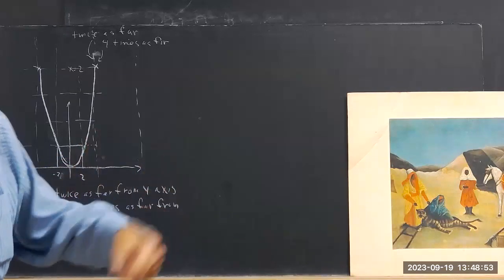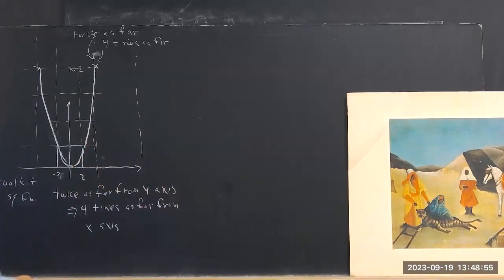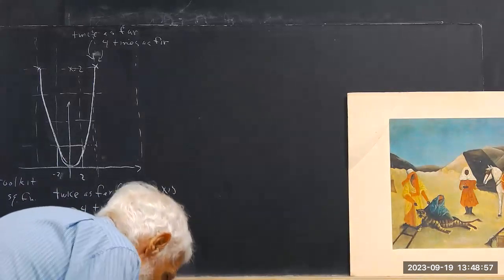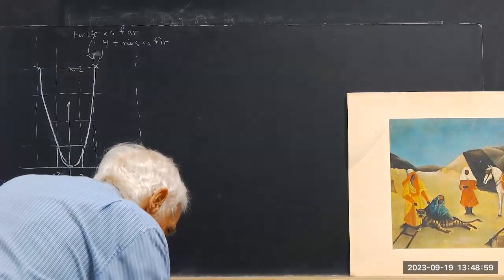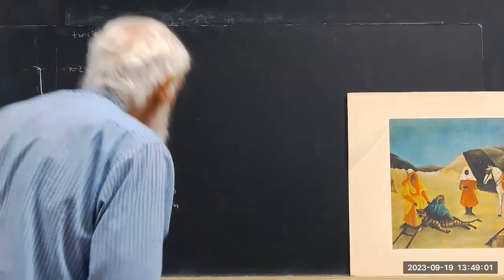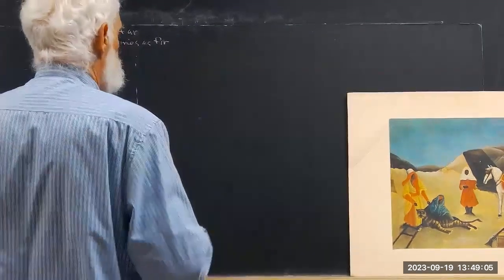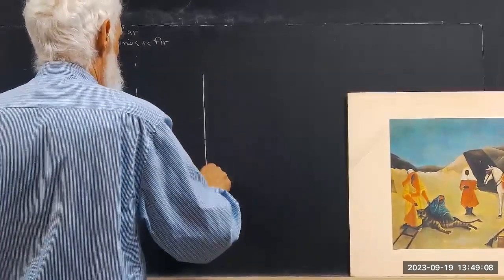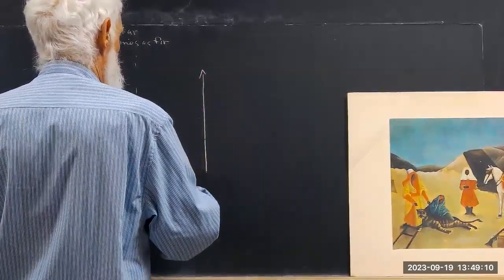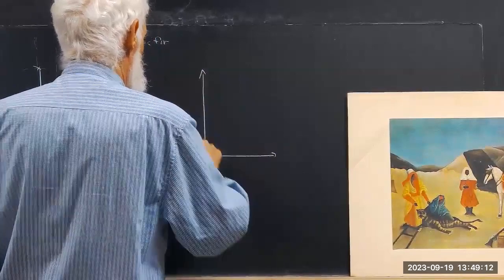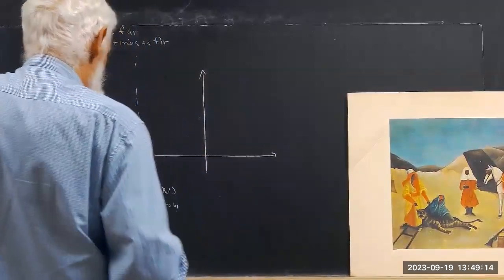The other one, and this is actually even more important than these, but the squaring function is quite important. But the exponential function is incomparable for its importance in mathematics and in applications. So we take an exponential function.